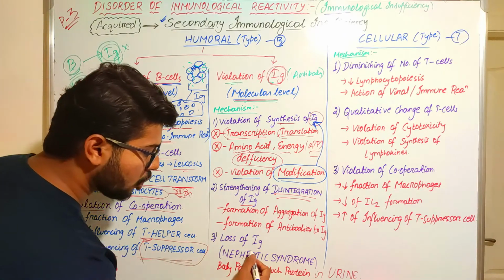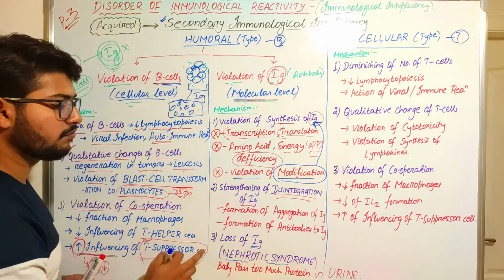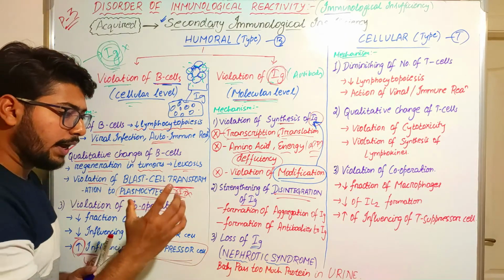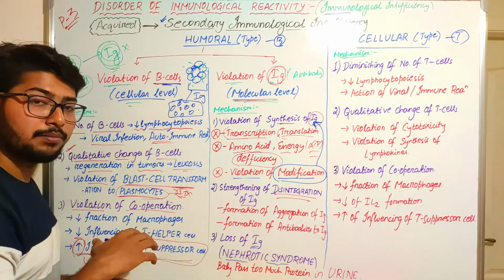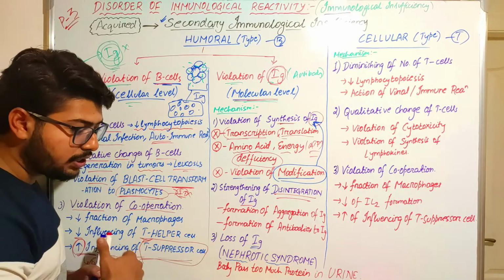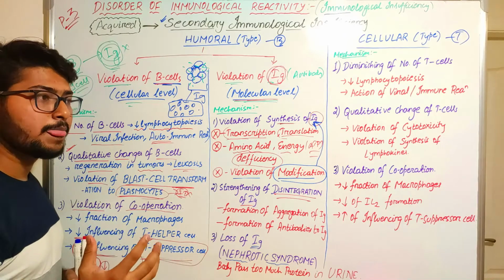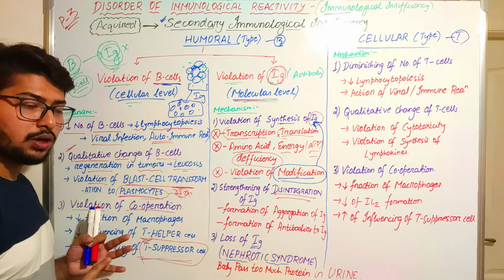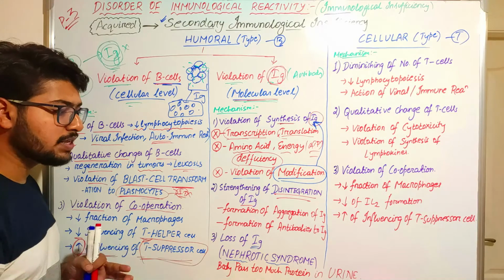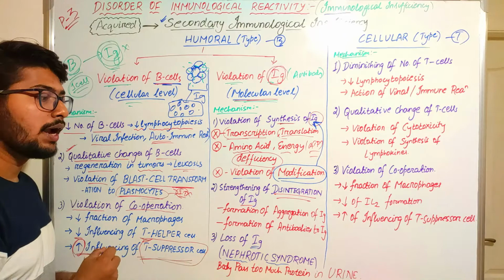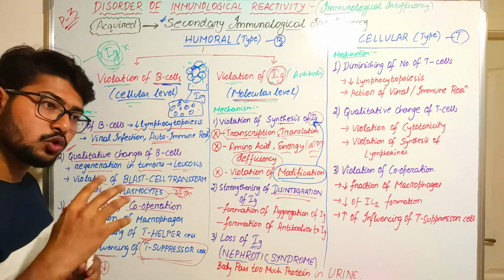Then the third one is loss of antibodies, as in nephrotic syndrome. Why have I written nephrotic syndrome? Because it is a particular kind of syndrome in which our kidney passes a higher amount of proteins from our body. Excess water and excess excretion take place during nephrotic syndrome, and the kidney passes a higher amount of proteins through the urine.